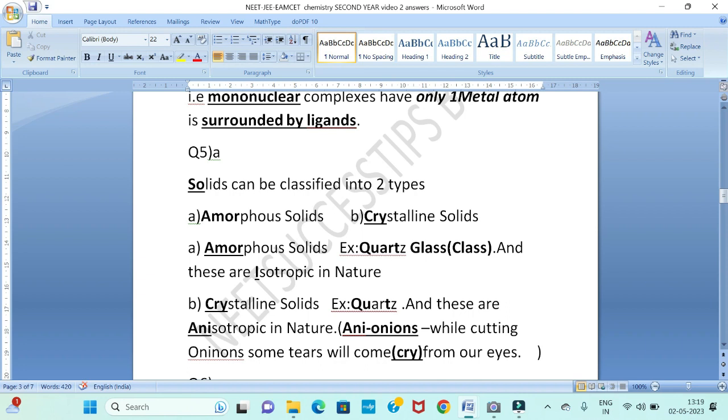If you cut onions, ani means onions, keyword. Some tears will come from your eyes. That means you are crying, looks like crying. So you cut that onion line by line. Okay, like that you can remember.